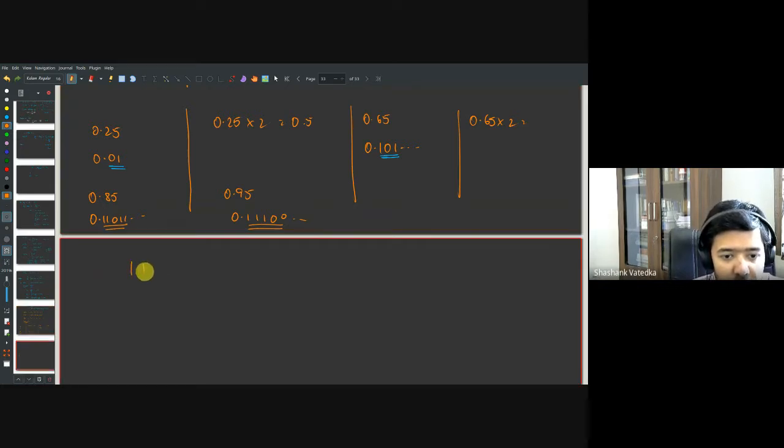So 1 will get mapped to 0, 1, the first 2 bits. For the second symbol, the code word is going to be 101. For the third symbol, the code word is going to be 11011, the first 5 bits in this binary representation.